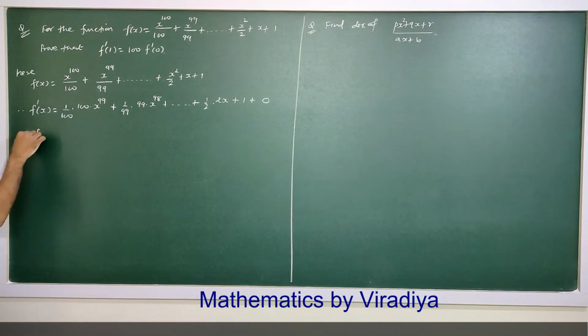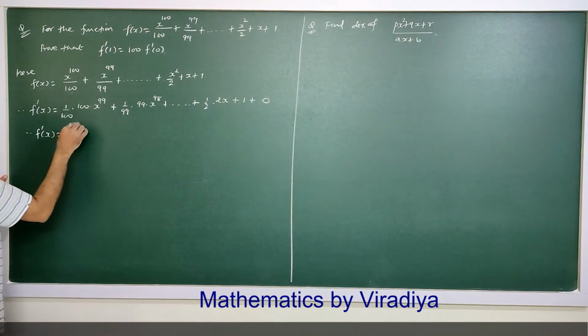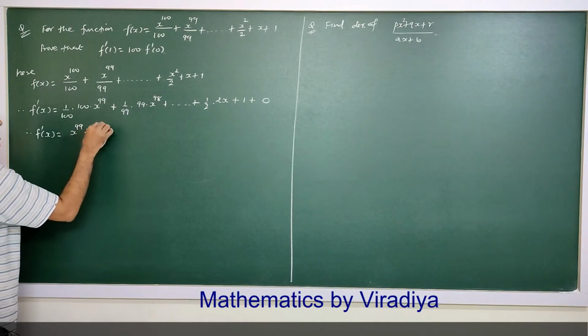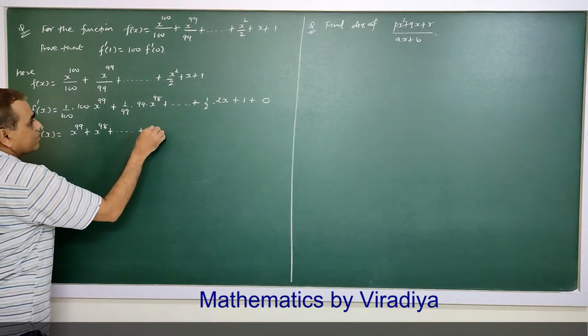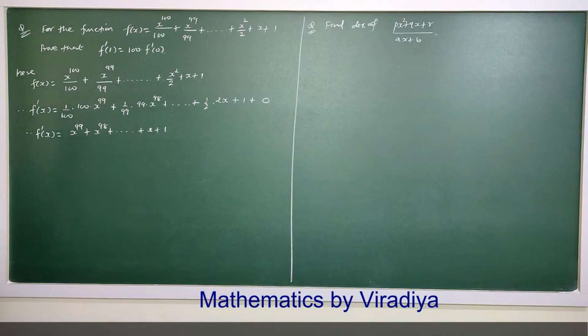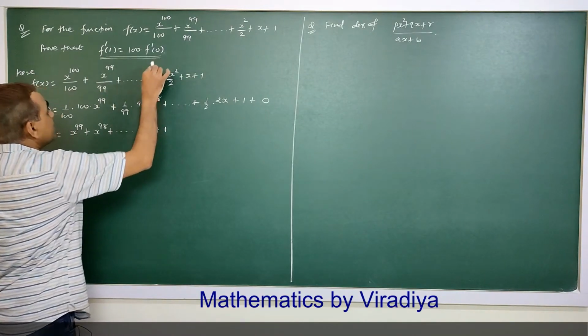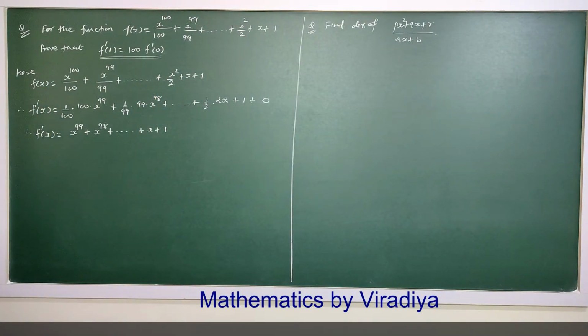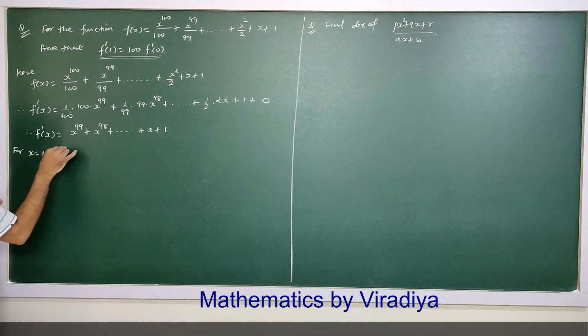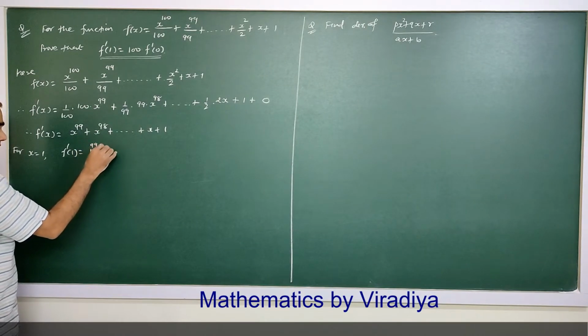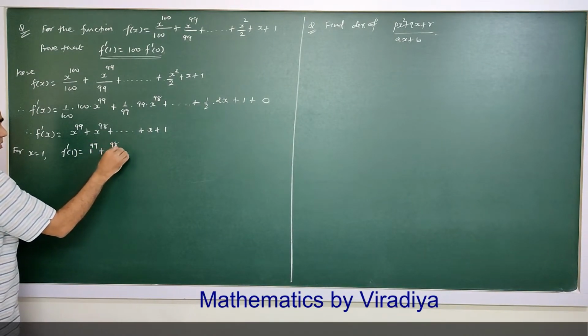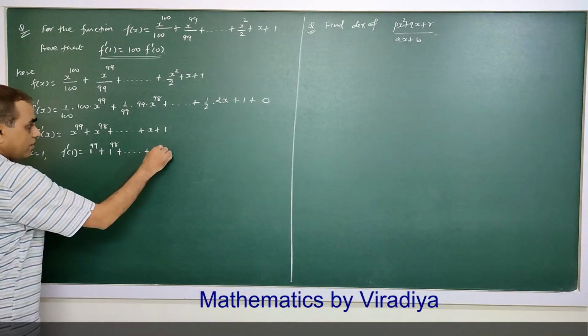So f dash x is x raised to 99 plus x raised to 98 plus up to x plus 1. Now we want to prove f dash of 1 is 100 into f dash of 0. So putting x equal to 1, f dash of 1 is 1 raised to 99 plus 1 raised to 98 plus up to 1 plus 1.